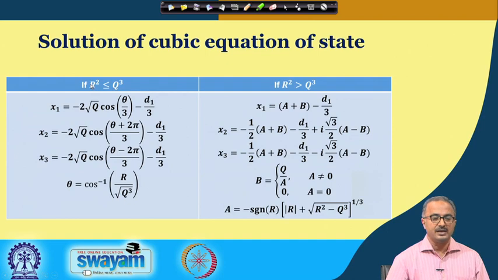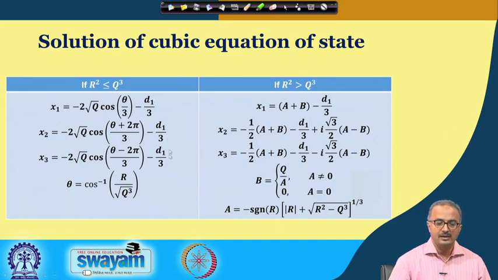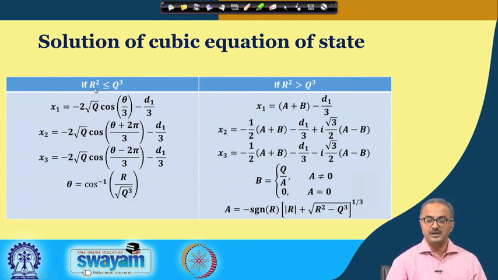Here, if r square is less than q cube, Cardano proposed these three roots of the equation, defined in terms of q and d1, and we have theta here. Theta is defined in terms of r and q. This is for the case when r square is less than or equal to q cube.